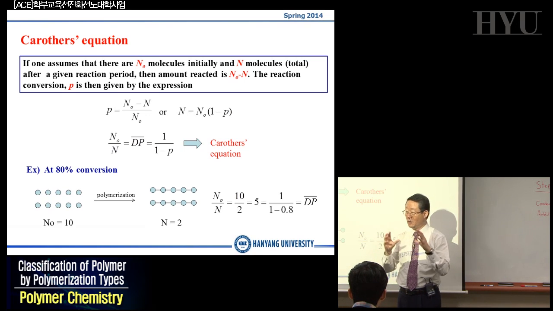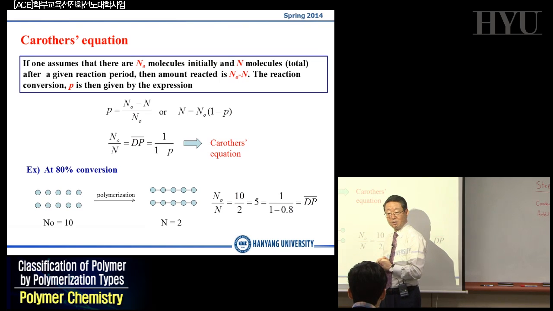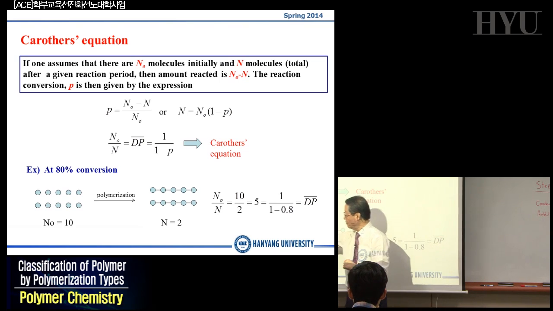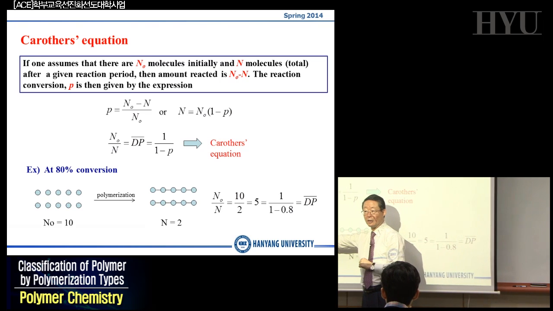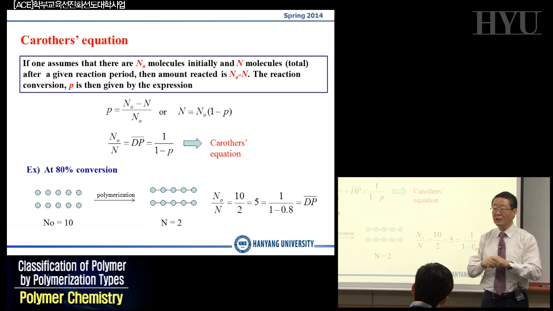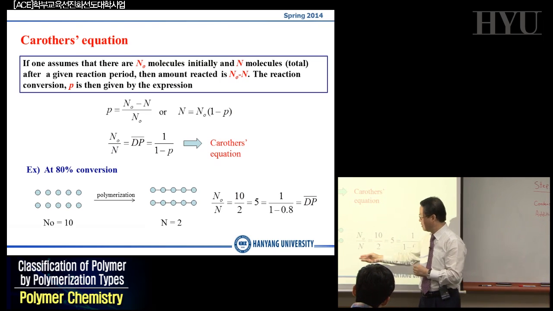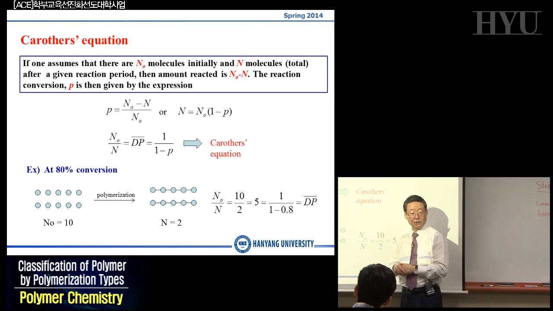Then you will know how many moles of functional groups, in this case we have 4 functional groups instead of 20 functional groups. So if you know the moles of your functional groups remaining at a given time t, then you can determine the number of molecules. Okay?